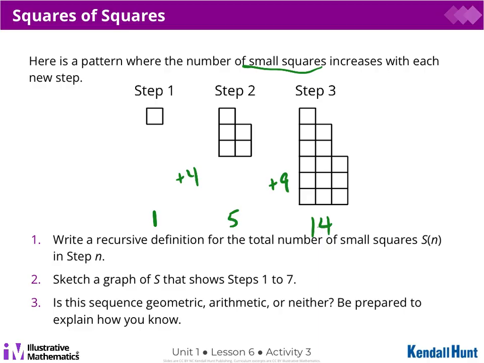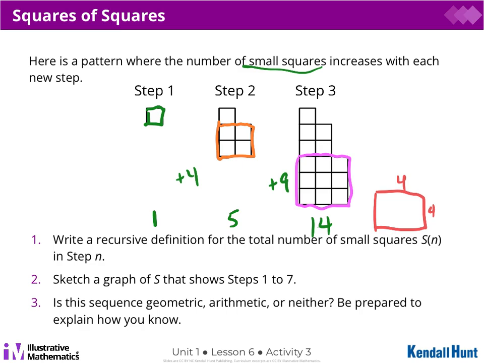Let's think about this. We have 1 square here, then we're adding a square in step 2, then we're adding another square in step 3. Now, I bet you by step 4, we will be adding a 4 by 4 square. See, this square for step 1 is 1 by 1, step 2 is 2 by 2, step 3 is 3 by 3. So that means step 4 must be a 4 by 4 square.